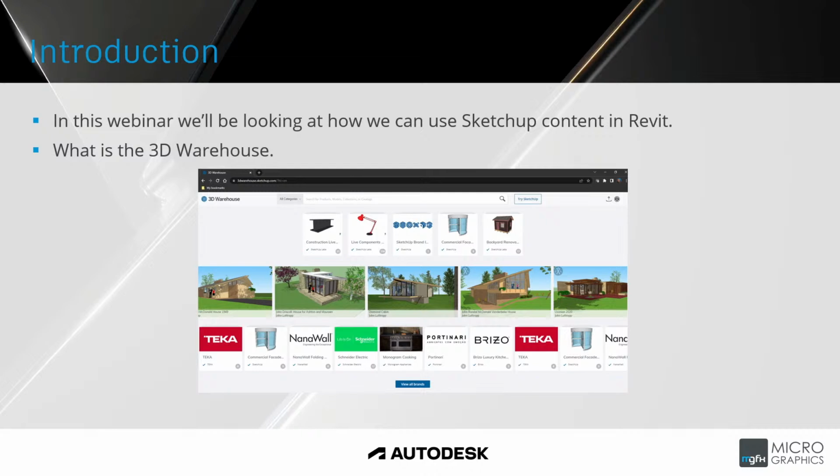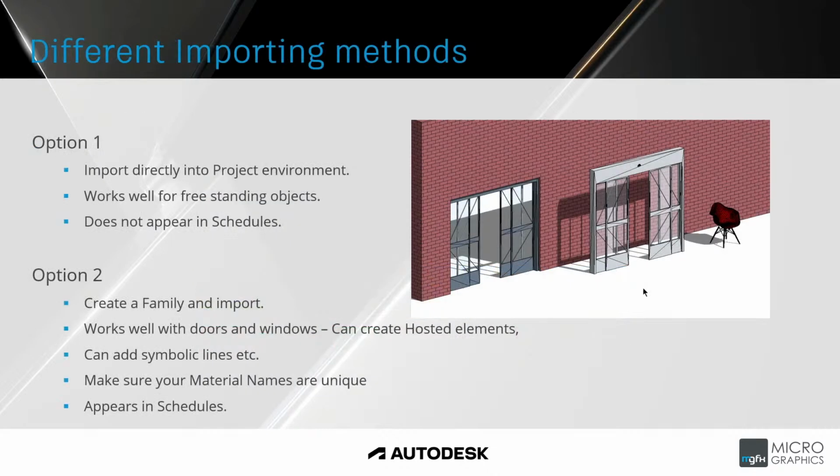Alright, so if I now continue looking at the different importing methods related to Revit specifically, there's two main options that I find. There might be more, but I'm going to focus on these two. Option one would be to import the component directly into Revit's project environment.